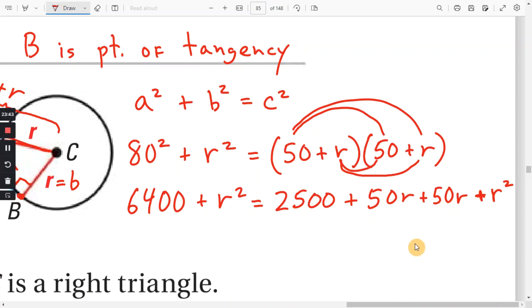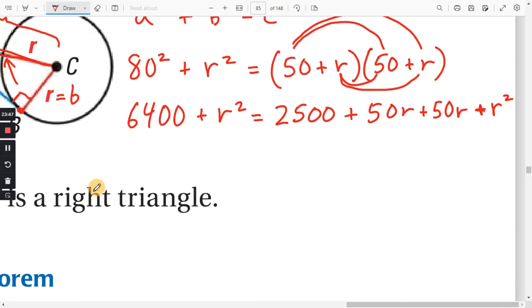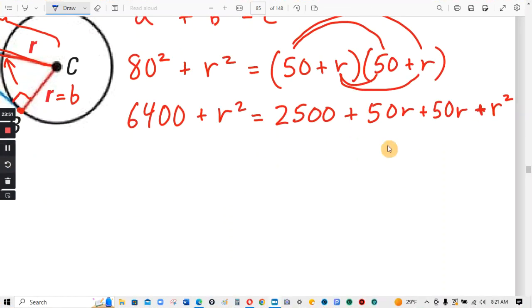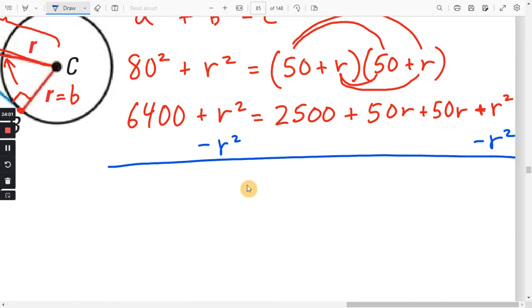Now, this is not as bad as it looks because we can easily get rid of R squared on both sides. Since we have plus R squared on both sides, I'm going to do the opposite and do minus R squared on both sides. R squared minus R squared is 0.